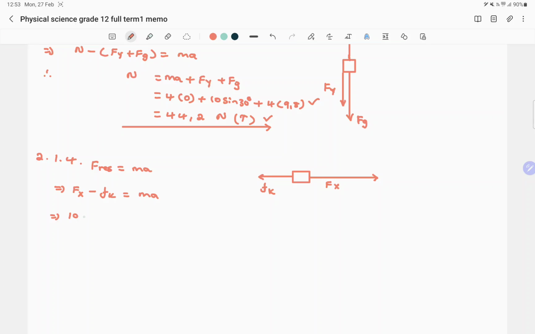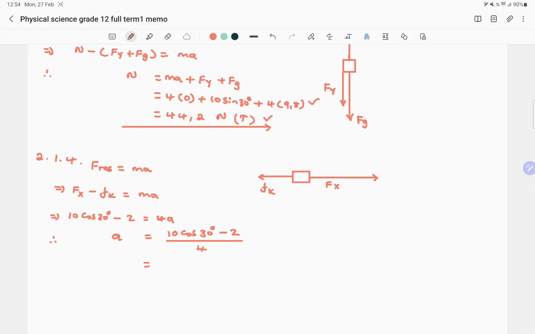So now this is going to be 10 cos 30 degrees minus, they told us that it is 2 newtons, which is going to be equal to 4 multiplied by a, which is just 4a. Alright, so we can already see here that therefore our acceleration is going to be this 10 cos 30 degrees minus 2 newtons divided by 4.